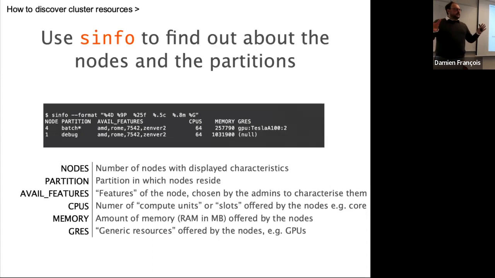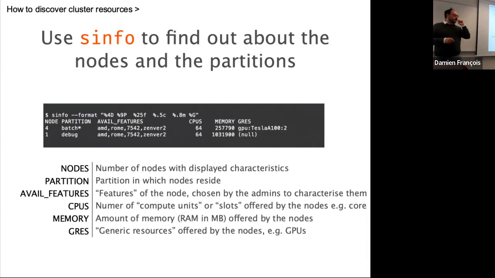So now you know how to discover the parameters. Basically, I need to explain about this important. So here you see I've chosen to display number of nodes, partitions and then available features. And the features are characteristics of the nodes that the admin labeled the nodes with. So here you see that in the batch partition, we have all compute nodes that actually all have the same CPU, but this is a way to characterize the processor that is in the cluster.